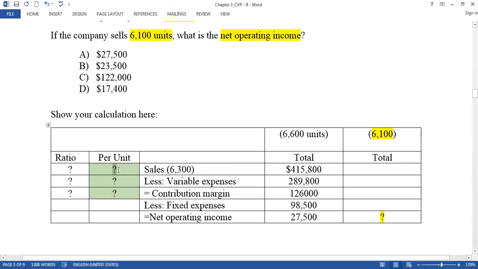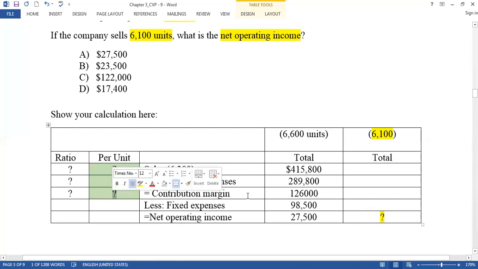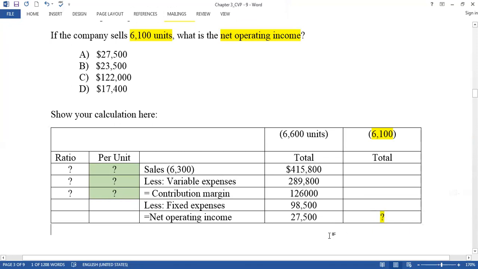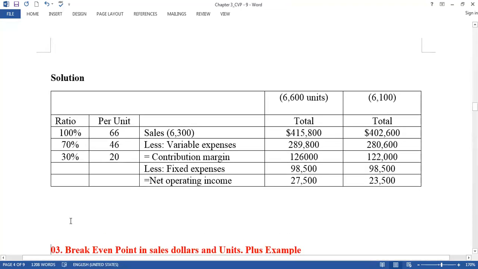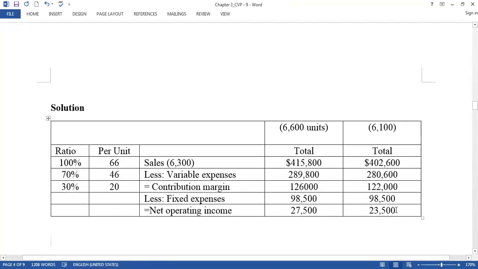We need to know the per unit sales, the per unit variable cost, and the per unit contribution margin. Then we can get the answer to this question. And this is the solution. If you don't have the solution, you can take a picture. So this is the answer.